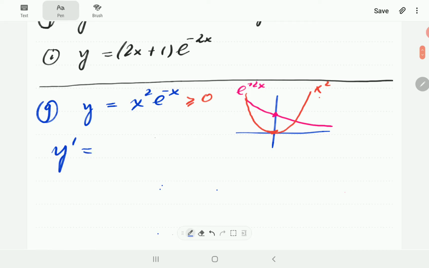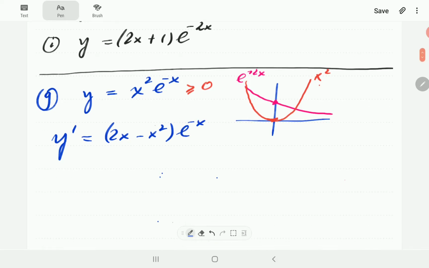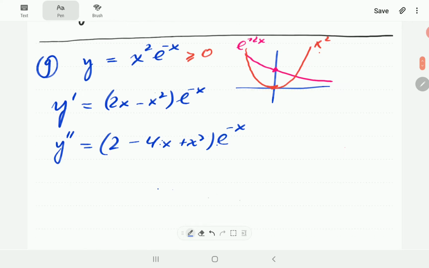Okay, so with that in mind, let's see what calculus is going to enable us to unearth. If we do the first order derivative, this is going to be 2x minus x squared, times e to the minus x. And then the second order derivative, again using the product rule, is going to be 2 minus 4x plus x squared, all times e to the minus x.